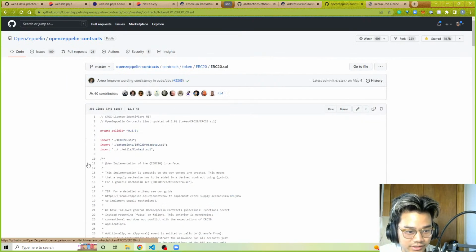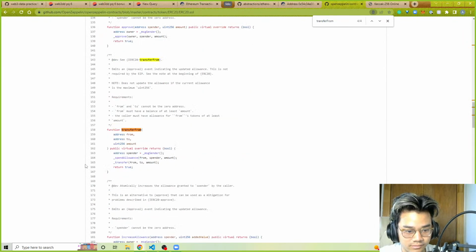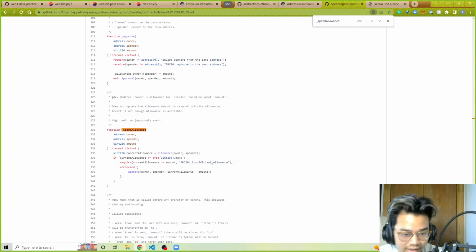So a good way of seeing this is if I go to the actual contract and I look at transfer from, there's this function here, spend allowance, that is called before transfer, right? And the reason for that is it checks that this balance exists to spend, right? So I can take a look at spend allowance, and all it does is change the approved amount to now be whatever the allowance was subtracted by the amount you're spending.